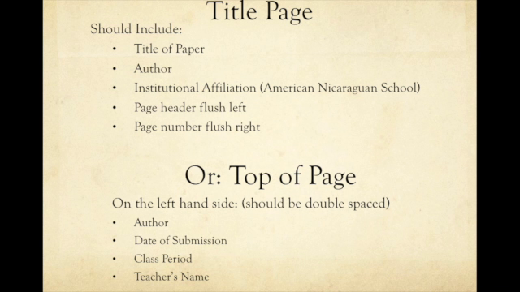If you have a title page, you should have the title of the paper, the author, which would be your name, your institutional affiliation, in this case the American Nicaraguan School, and then a page header on the left-hand side and page number on the right-hand side. Or, probably more realistic for our purposes, at the top of the page you're going to put your name, the date of submission, the class period, and then the teacher's name.